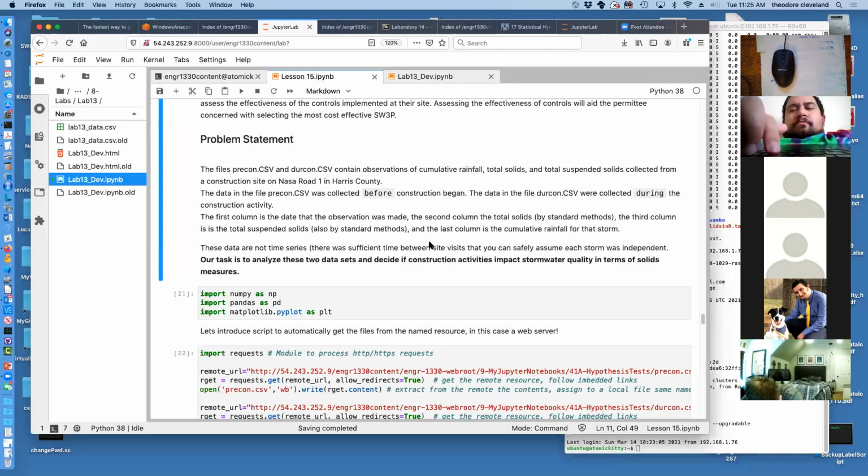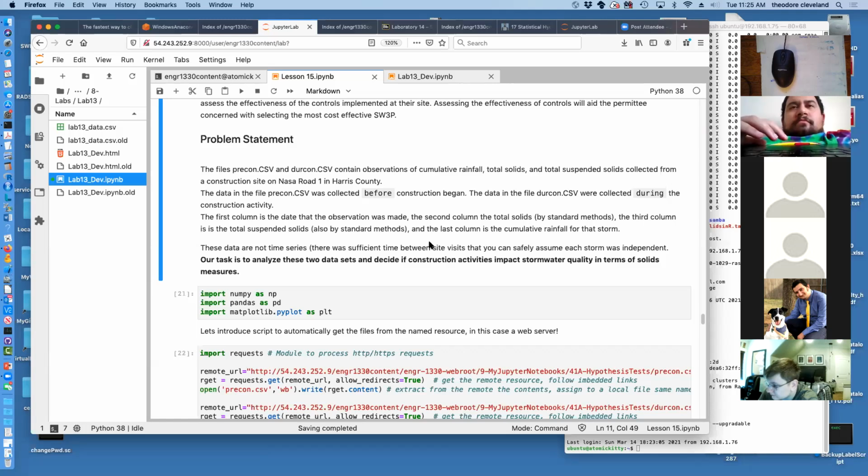The data in the file precon was collected before construction. The data in the file duracon was collected during construction. The first column is the date that the observation was made. The second column is the total solids by standard methods, and the third column is total suspended solids by standard methods. The last column is the cumulative rainfall for that storm.